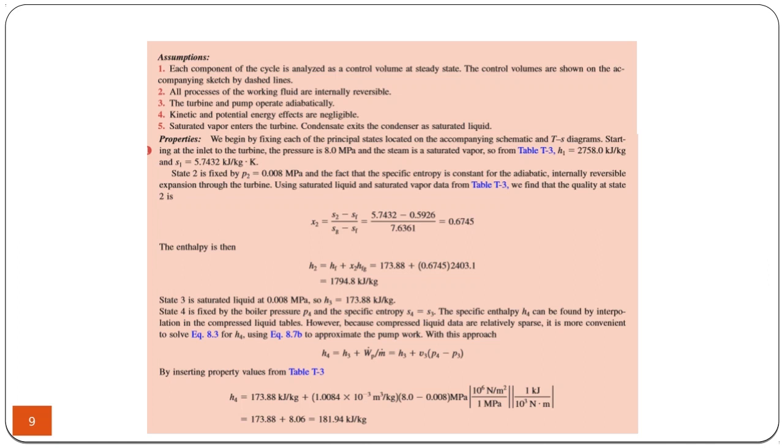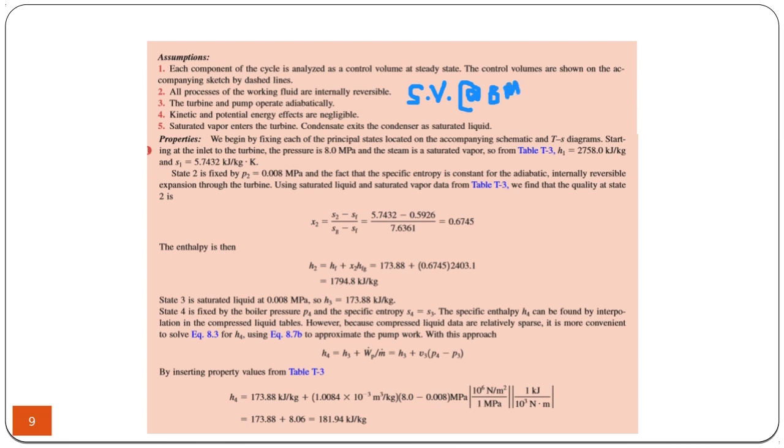So the first thing to do is to find the states of the different locations, different states of the cycle. So the first state, which is the exit of the boiler, is saturated vapor. So we have saturated vapor at 8 megapascals.